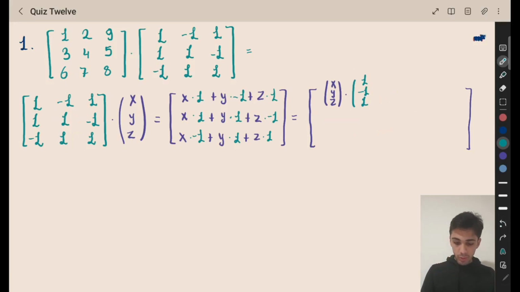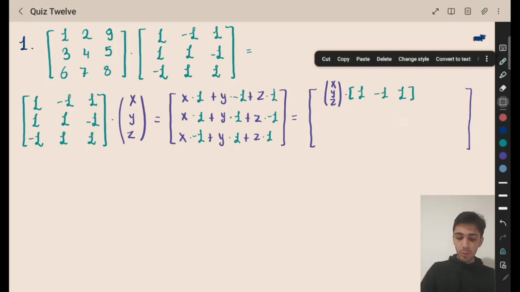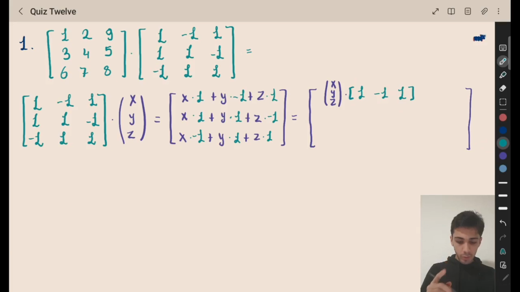And I would like to signify this by writing this vector horizontally. And you will see now where the row vector comes from. So what I'm doing right now is I'm writing this as a dot product, but I'm deliberately writing this vector horizontally. If you read this off, 1 minus 1 and 1, this is the row vector in this matrix.